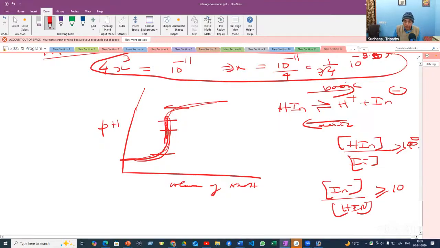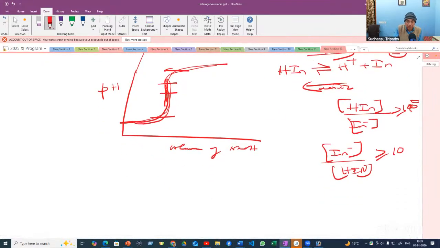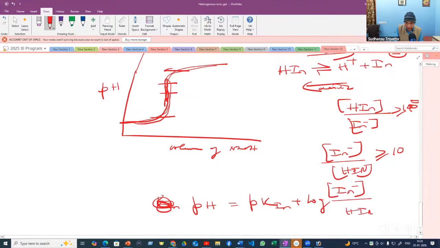So you can convert this to a Henderson type of equation, from this KIn, or you can find that pH is equal to pKIn plus log In minus, which we call salt, by HIn. So making 10 by 1, this is a constant value, you get one extreme of the range, the higher one, and taking 1 by 100, you take the lower one.